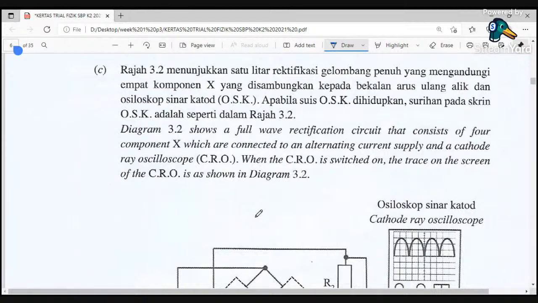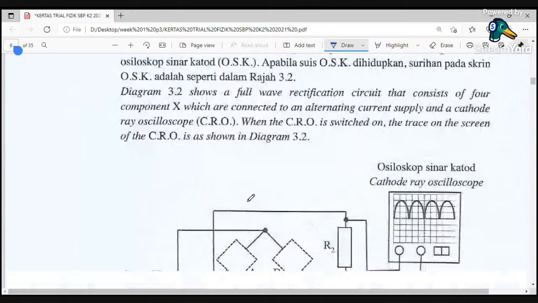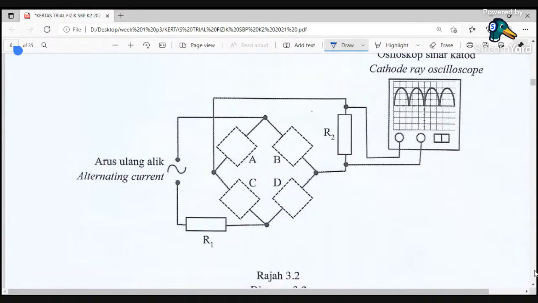See, diagram 3.2 shows a full wave rectification circuit that consists of 4 component X, which are connected to an AC supply and cathode ray oscilloscope, CRO. When CRO is switched on, the trace on screen is as shown.